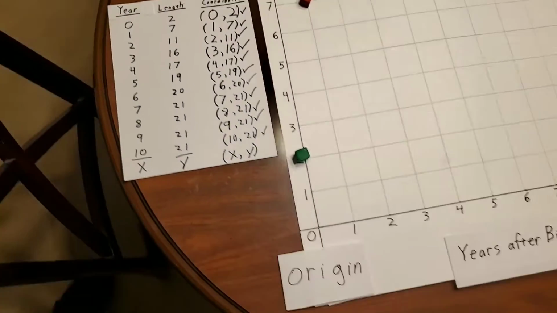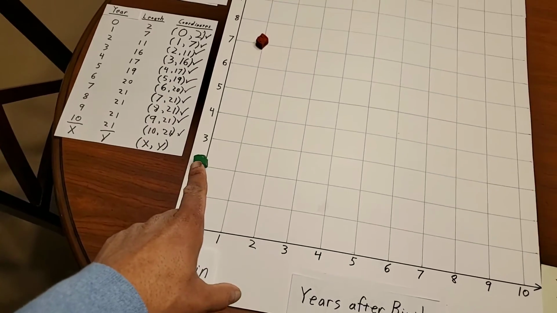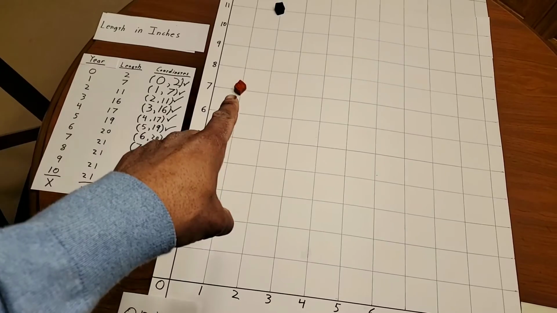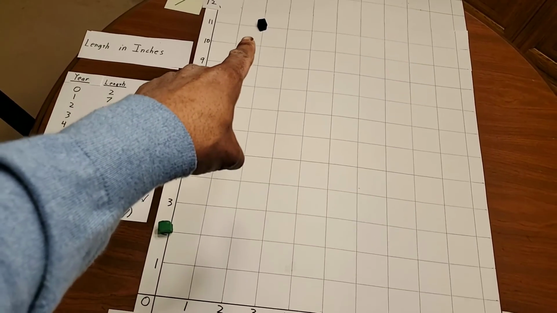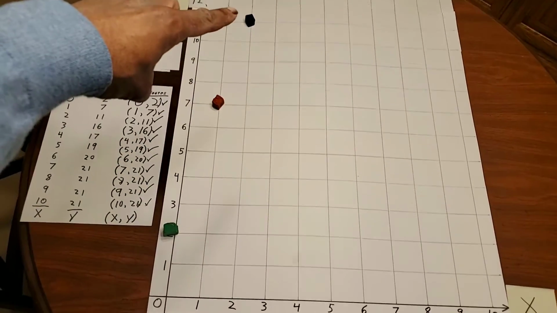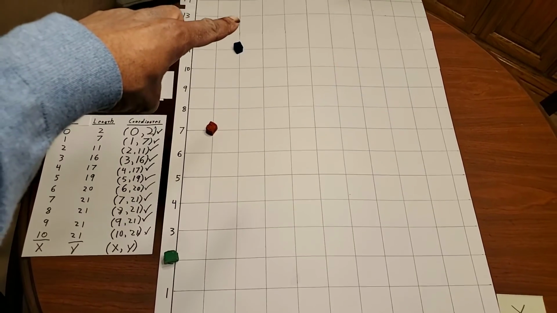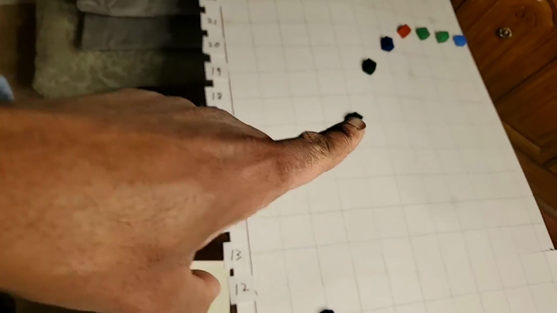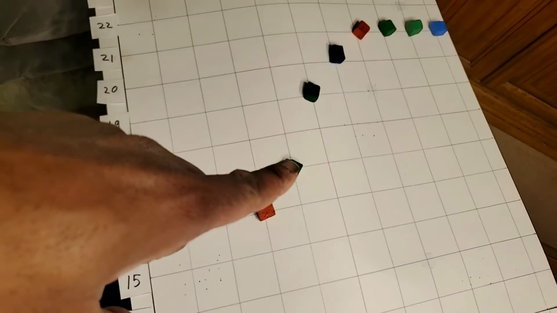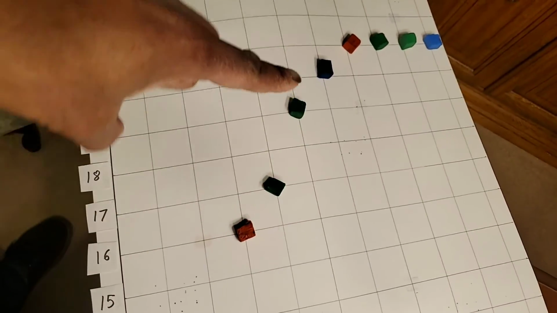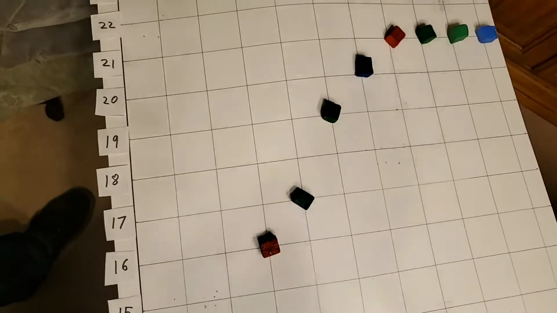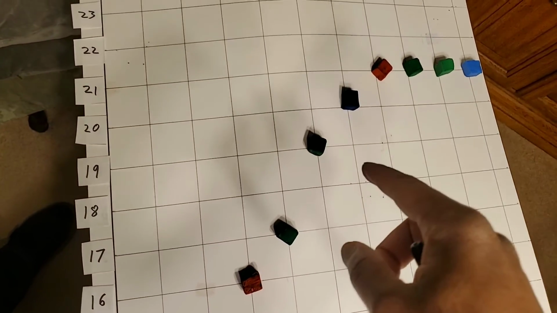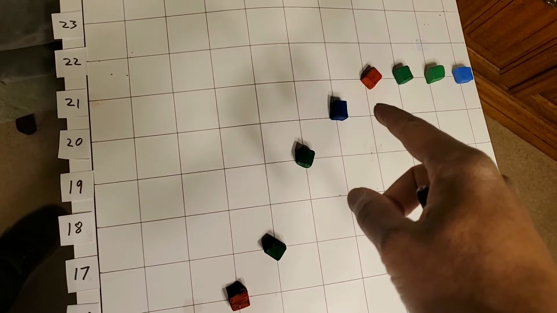So what we notice when we look at this graph, year 0 starts from 2 and it goes up during the first year, still growing a lot at the second year, still growing a lot at the third year. When you get to the 4th year, still growing a little bit. And once you get to the 5th and 6th year, it slows down.